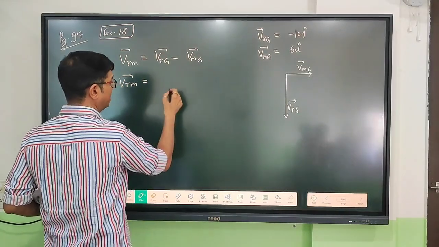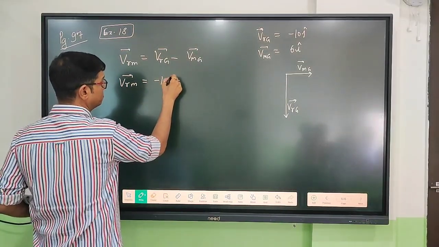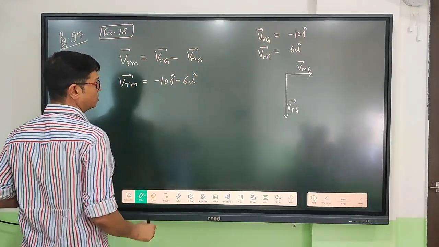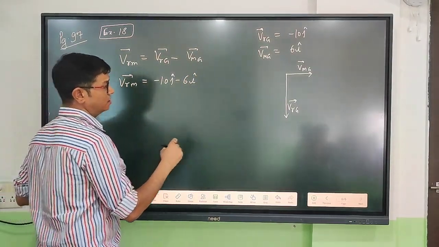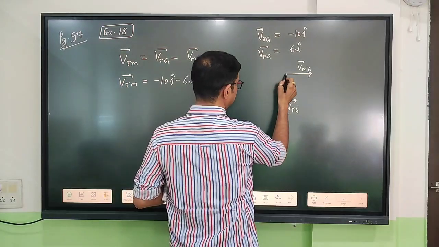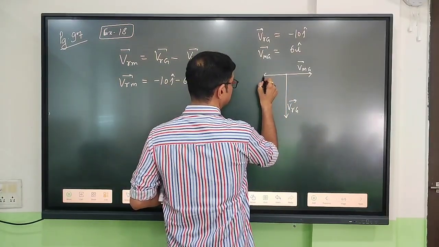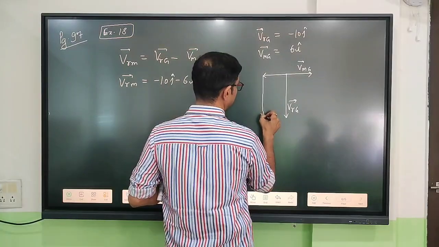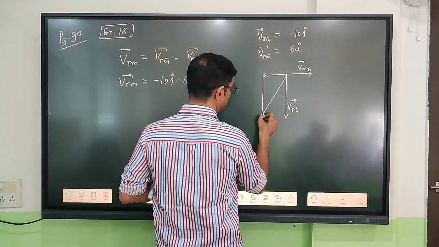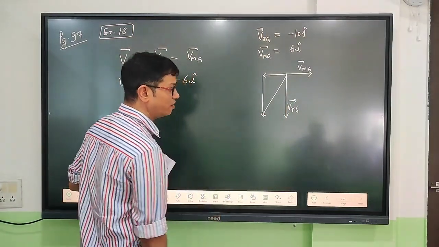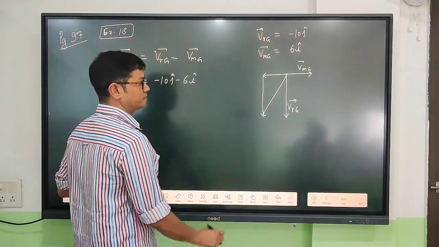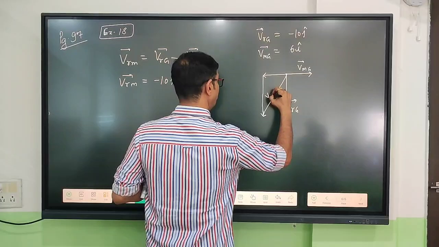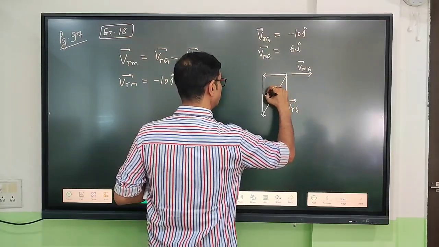VRG minus 10 J cap minus 6 I cap. So minus 6 minus 10. So minus 6 is like this and minus 10 is like this. So this will be the velocity as it felt by the man. This is your V rain man.